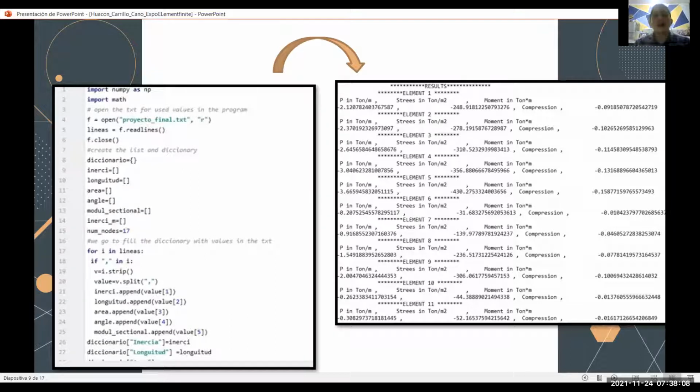For the analytical result with Excel, we used tables with the areas, inertia, angle, length, and sectional modulus, to be able to obtain the matrix of each element and then obtain a global matrix.